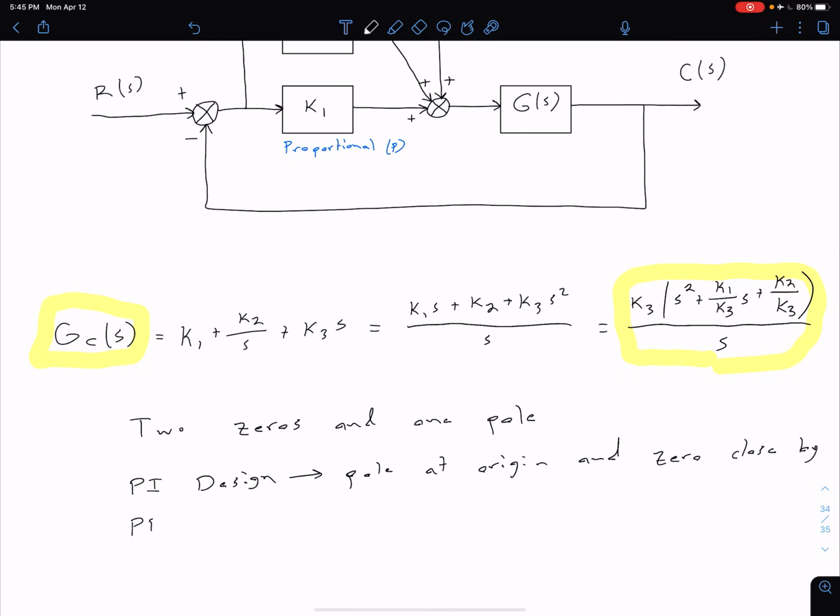Whereas our PD design, we just needed to add a 0 at some specified location. So this is where that second 0 in this PID comes from.